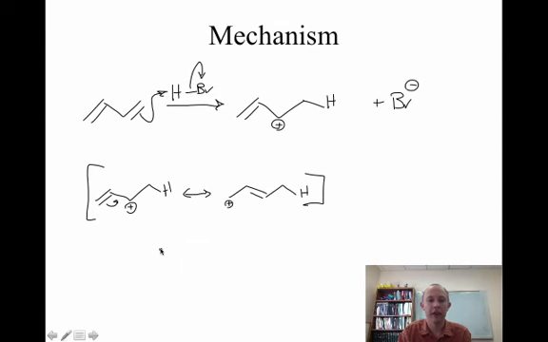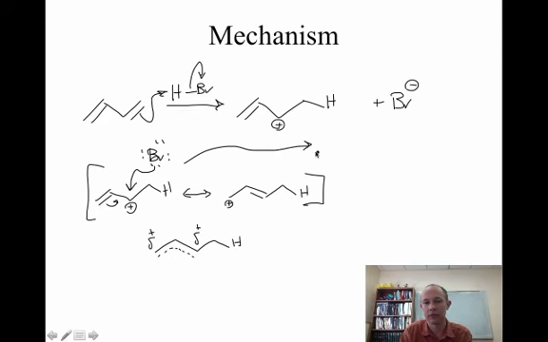So what we actually have is a resonance hybrid that has some positive charge here and some positive charge here. The way you can think about this, though, is that if the bromide ion attacks this positive charge, we get the 1,2 addition product.